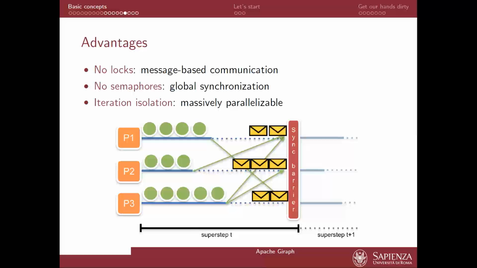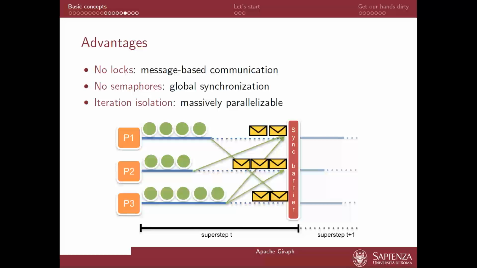So the situation where a node is waiting for some variables from other nodes cannot happen, because when a superstep starts, all workers have all the variables that they need.